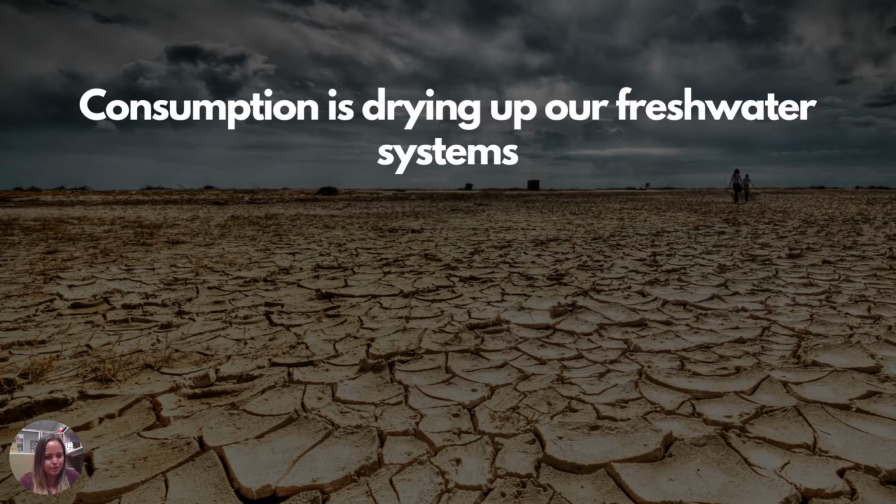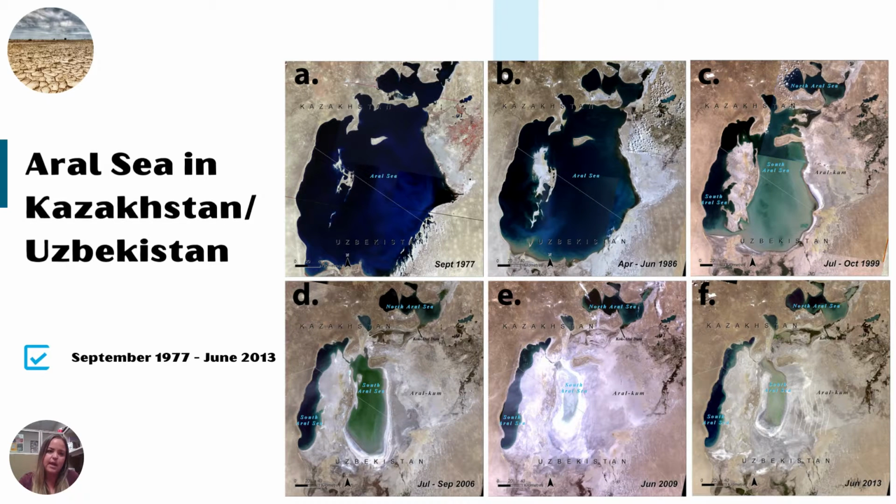But all of our consumption is drying up all of our freshwater systems, so we are losing a lot of water on the surface. And the Aral Sea in Kazakhstan and Uzbekistan is a really good example of this, where we can see in just aerial footage in the last 40, 50 years that we have depleted this freshwater storage significantly.